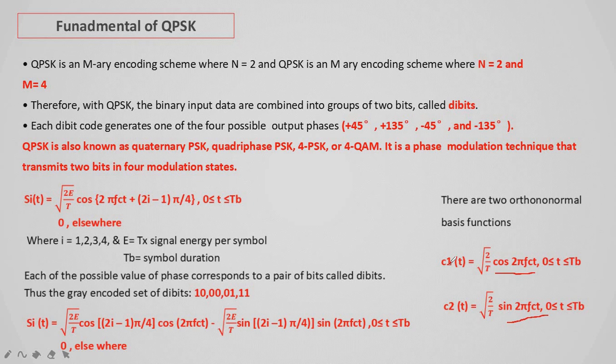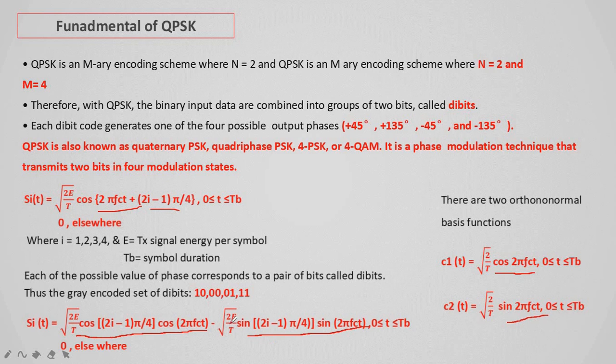And the representation will be, if you expand this cos(A plus B) form, you will get cos A cos B minus sin A sin B. So here you can see that it is in terms of cos A cos B, and here it is in terms of sin A sin B. So these are the basic equations for the QPSK signal.